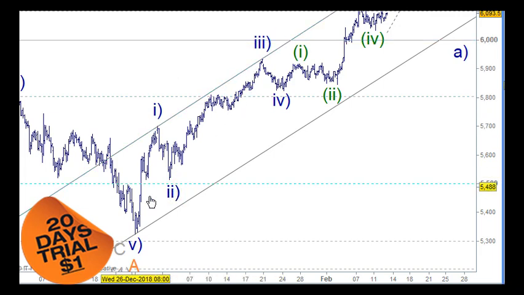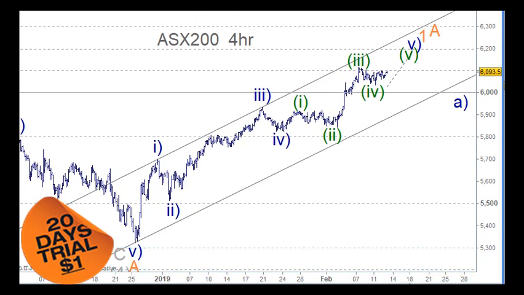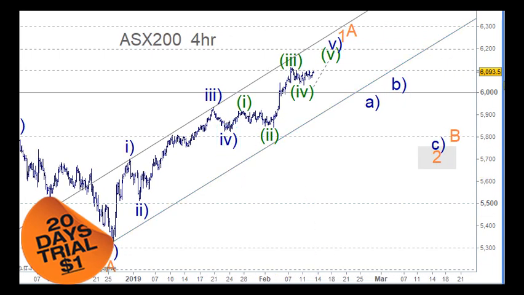So I've lined this up with the US, but on the 1-hour chart, I've counted this differently. I've counted it where I account for each one of these particular structures within here. So that leaves me in a bit of a nutshell, without going into too much detail, with this top here being wave 5 here as wave 3.